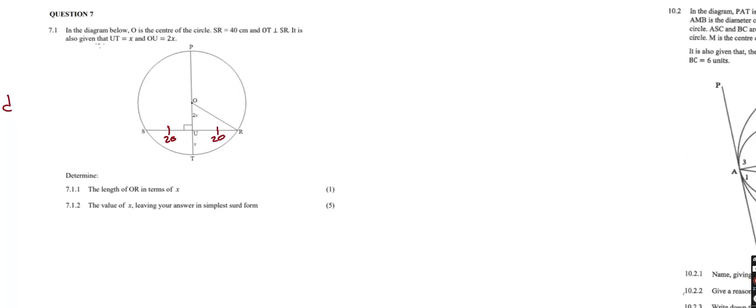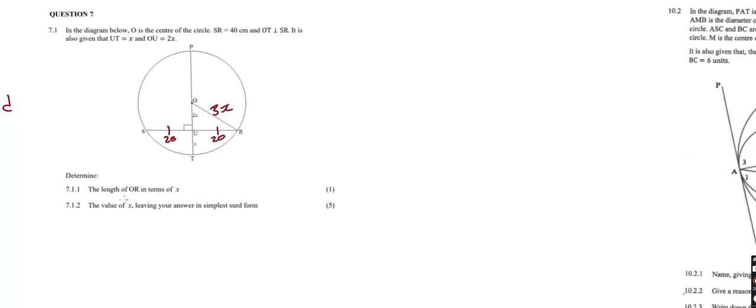It is also given that UT is equal to X and OU is 2X. So OU is 2X, UT is X. So this is easy enough for us because we know that OT is a radius, but also OR is a radius. So if we are ever asked OR, it should be equal to OU plus UT, which is the same thing as 3X. And guess what? We are asked for OR.